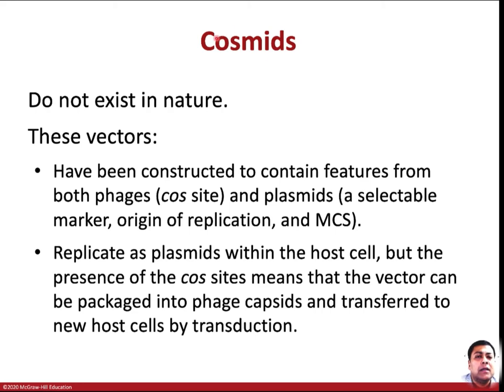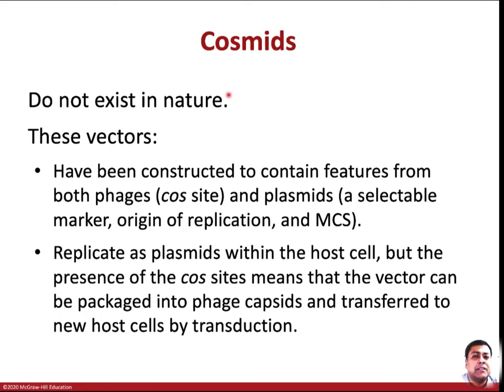So this is an artificial vector that has the ability to be packaged into a bacteriophage. Also, it does have a selectable marker, origin of replication, and multiple cloning site. So this can be replicated in a bacteria as well. So it replicates as a plasmid within the host cell, but in the presence of the cos site, the vector can be packaged into the phage capsid and transferred to a new host cell by transduction.